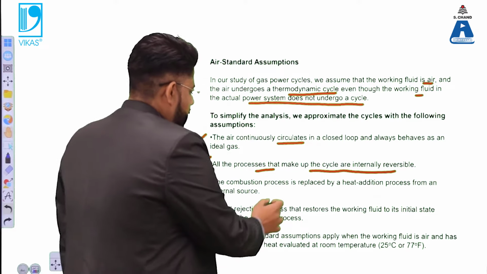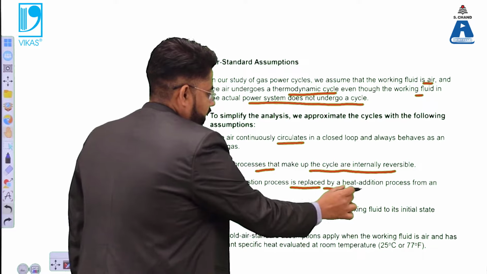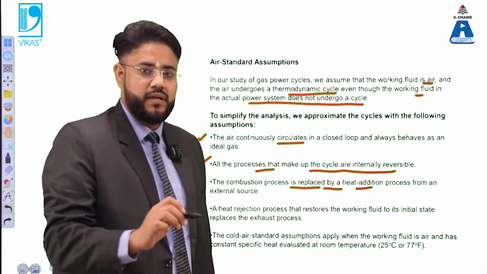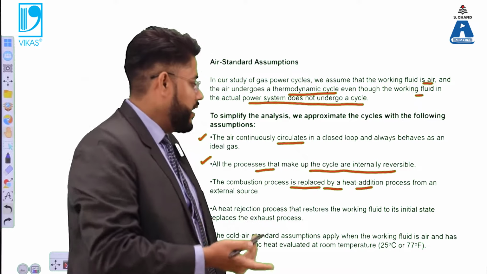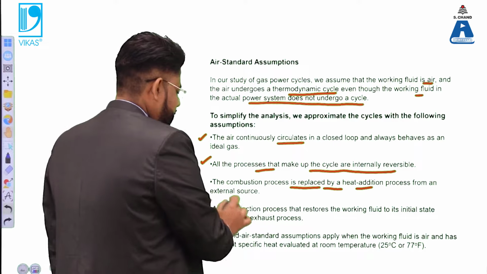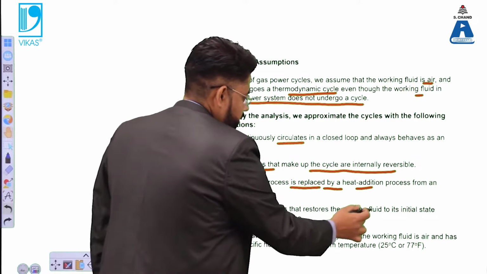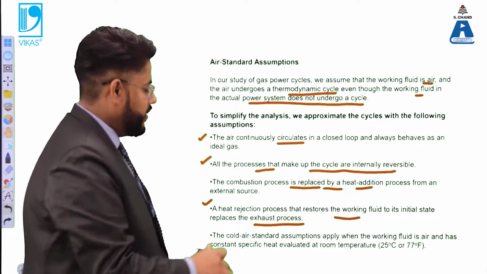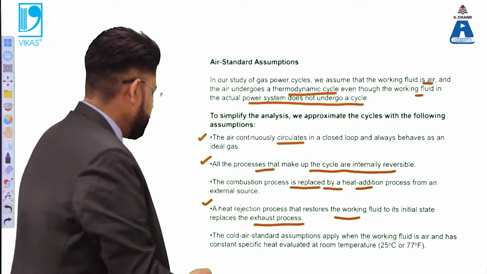The combustion process is replaced by a heat addition process, so herein we are replacing the combustion of the fuel by adding heat. And the heat rejection process restores the working fluid into the initial state, and that replaces the exhaust process.